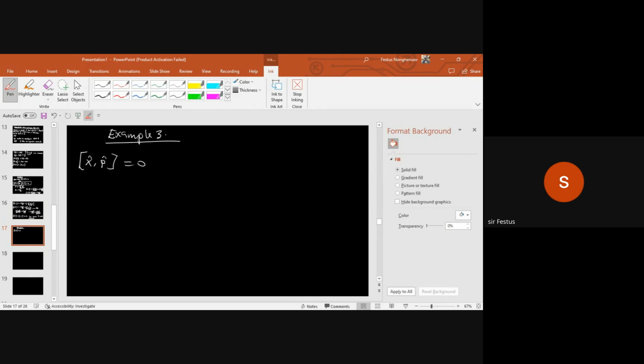Okay, so the same way, you take your XP minus PX should be 0. If you put the wave function there, first of all, do for this.